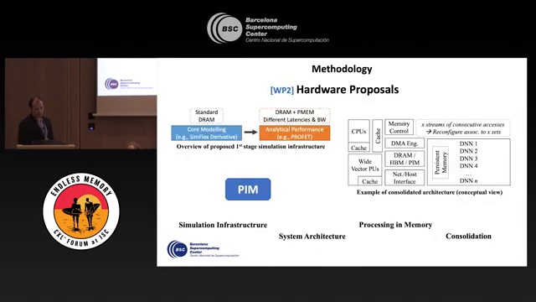So in the second work package, we are going to develop some simulation infrastructure to explore features such as very wide processing units and others, like runtime adaptive cache association. We're also looking into processing in memory. We already started this task.